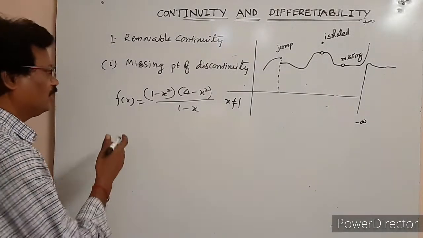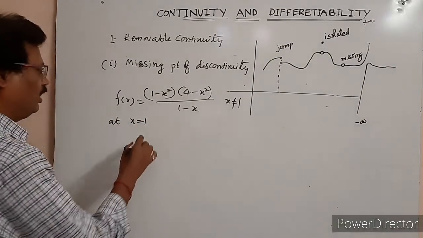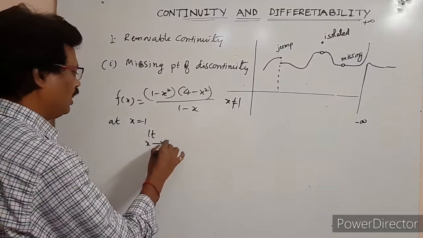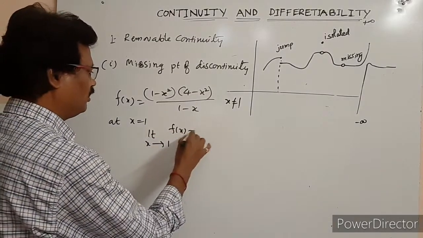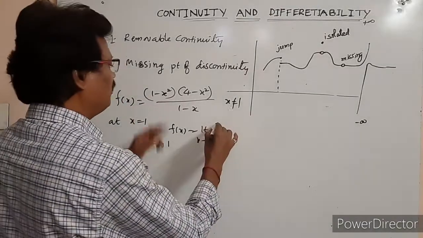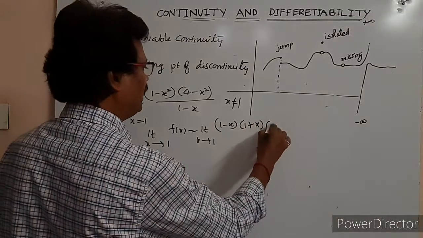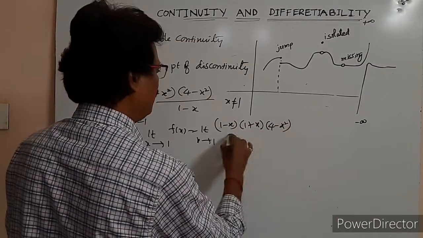The limit exists. As x tends to 1, f of x, 1 minus x squared will be written as (1 minus x) into (1 plus x), times (4 minus x squared) by (1 minus x).